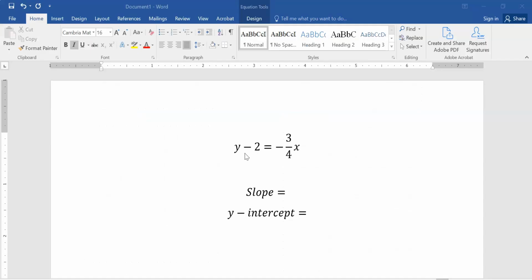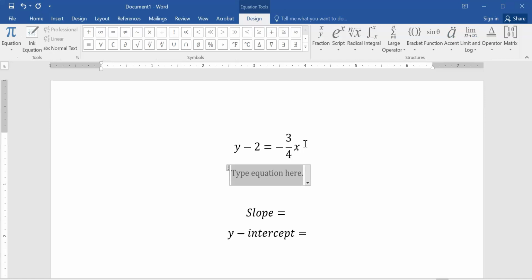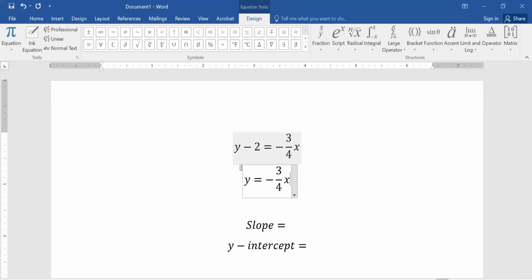So here I have it, y minus 2 is equal to -3/4 x. In order to get this into slope-intercept form, I simply need to add 2 to both sides. If I add 2 to the left-hand side, I get y by itself. If I add 2 to the right-hand side, I'm adding a term that's not like, so we're going to start out with a negative 3/4 x and then add 2.